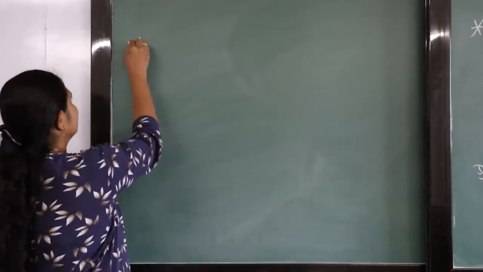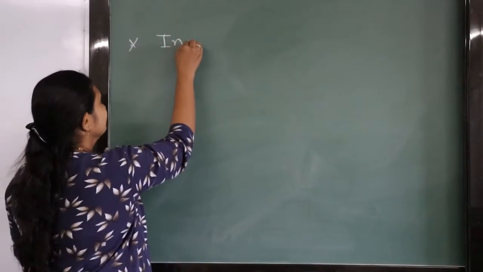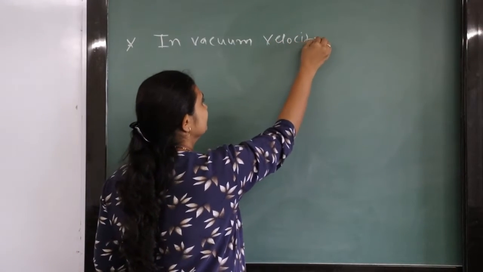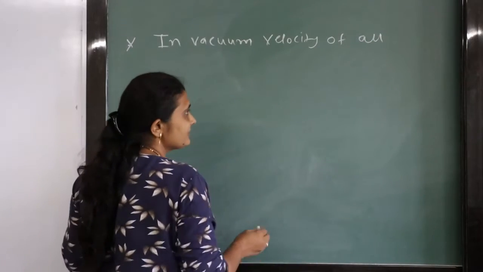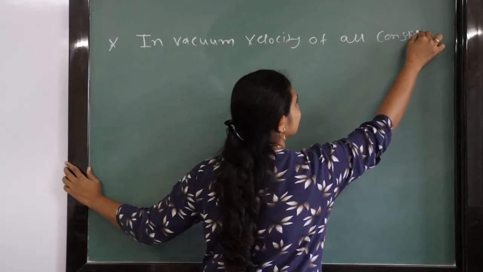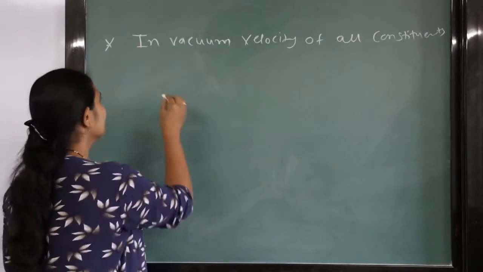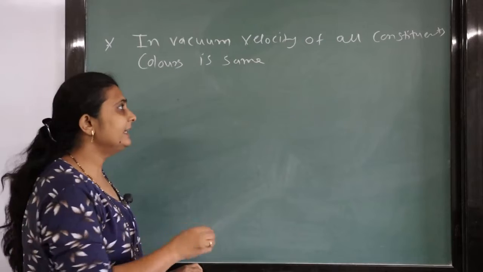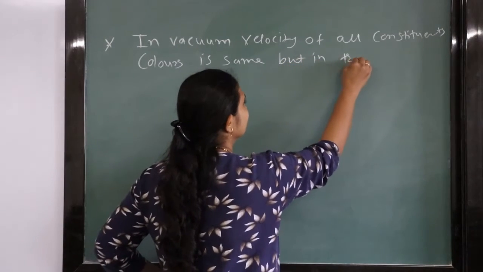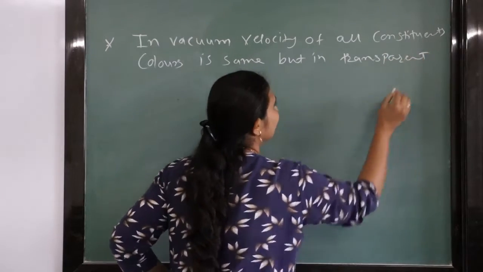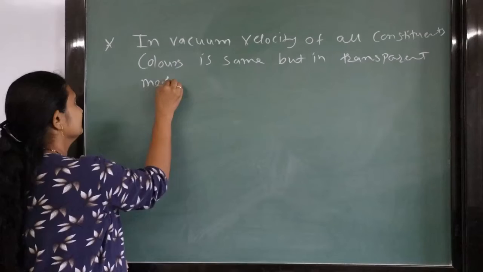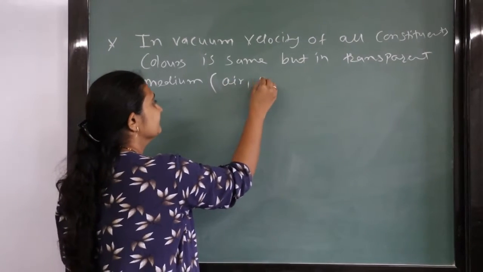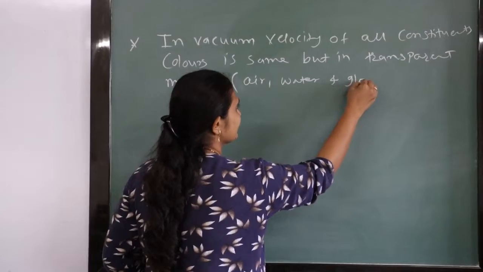In vacuum, velocity of all constituent colors is same, but in transparent medium, which are the transparent media? Three transparent media: air, water and glass.